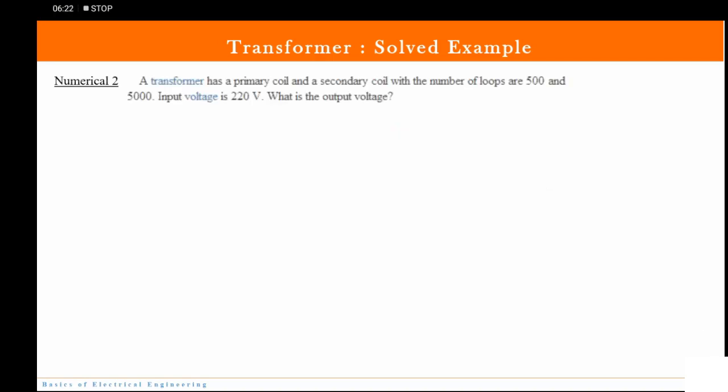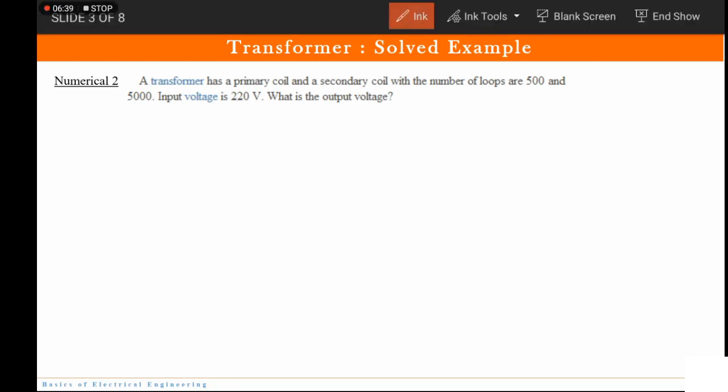Now the next numerical says a transformer has a primary coil and secondary coil with the number of loops 500 and 5000. Input voltage is 220 volts. What is the output voltage? Okay. So here, let us see what is given. The number of turns in the primary and secondary is given, right?